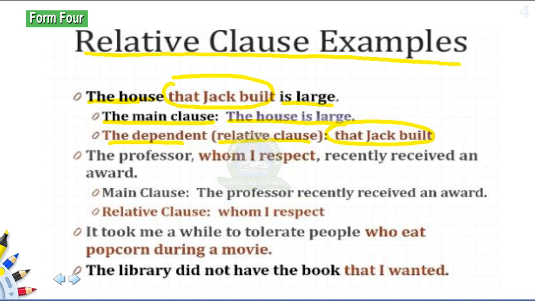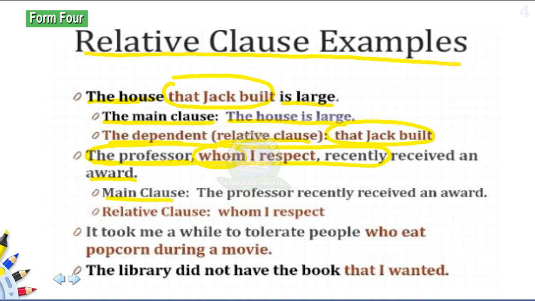The professor whom I respect recently received an award. Whom I respect is a dependent or relative clause because it starts with the word whom. Received an award is part of the main clause, the independent clause.